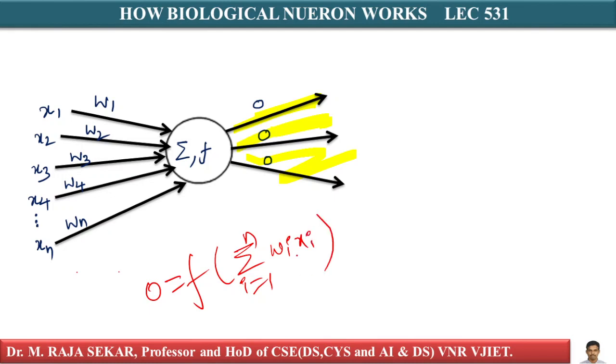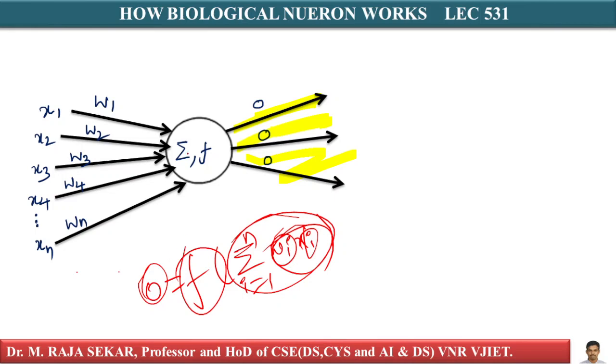This is the weighted summation of x1, x2, xn. x1, x2, so on xn are inputs, w1, w2, so on wn are weights. f is an activation function, O is the output. This neuron generates output, and the same output will be sent through all the axons. That's the important point: the same output O is transmitted through each of these outgoing edges.